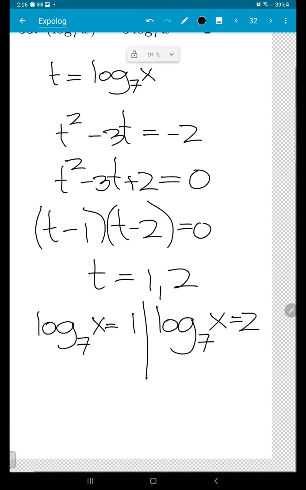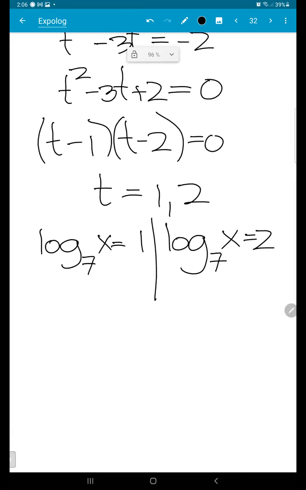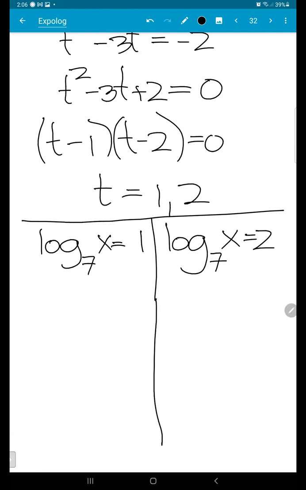Now, how do we solve each case? Anyone? Let's consider the first one, log x base 7 equals 1. What is that? Student: I'll rewrite it as exponential. So log x base 7 equals 1 becomes 7 raised to 1 is equal to x.